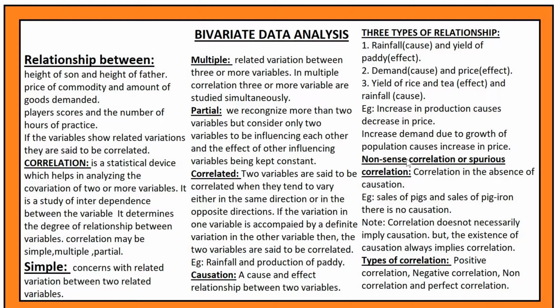There is one more, the nonsense correlation or spurious correlation. This is when correlation is present in the absence of causation. We will try to understand with an example.